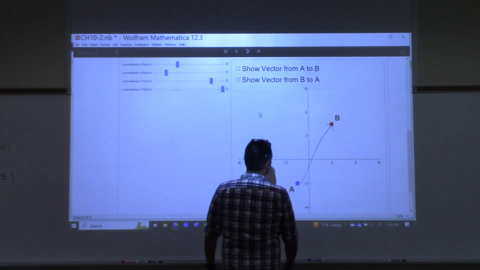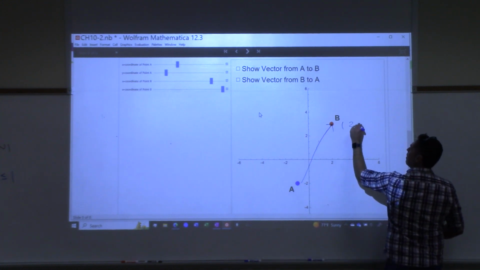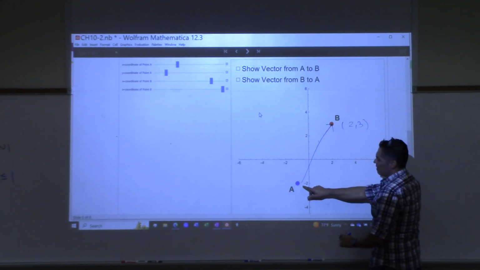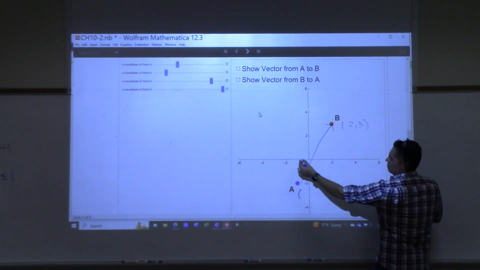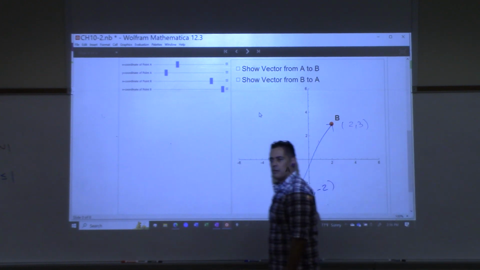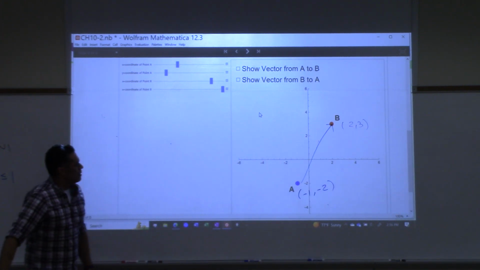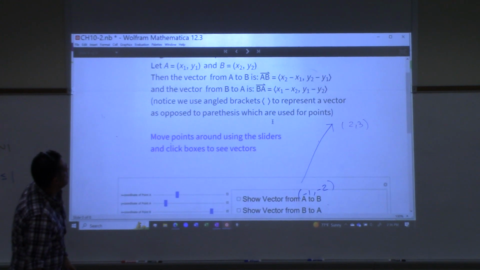So I'm going to make up some points. This looks like the point (2, 3). And this looks like the point, what does that look like to you? (-1, -2). Okay. So those are 2 points in space. And let me get up to the formula here.